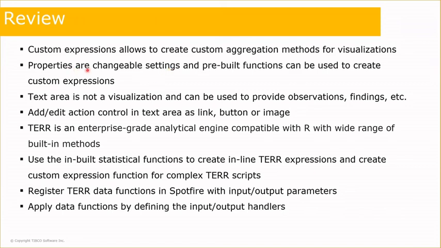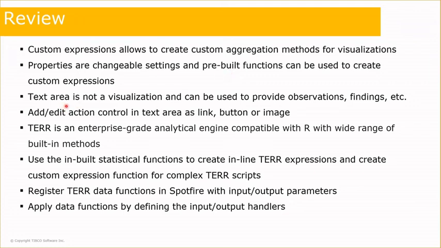We have something called properties in Spotfire, which are basically changeable settings, and you can use property controls to change the settings for these properties. We also have pre-built functions provided in Spotfire, which we can use to create these customized expressions, or we can create our own functions.